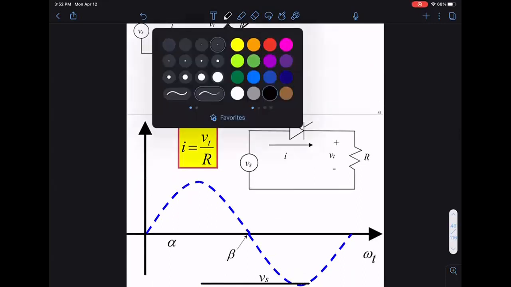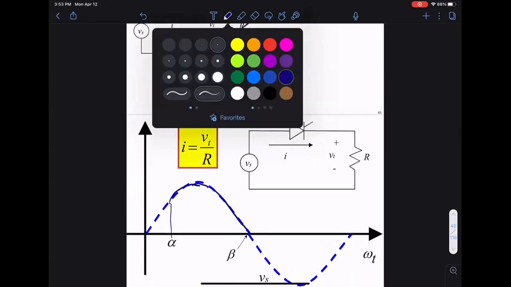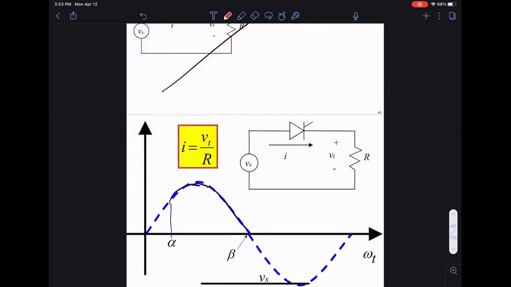If the voltage turns on here, then the current will follow the same shape, scaled by R. So this is the current.